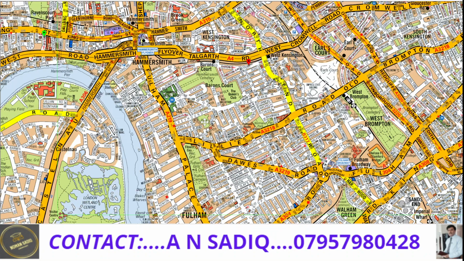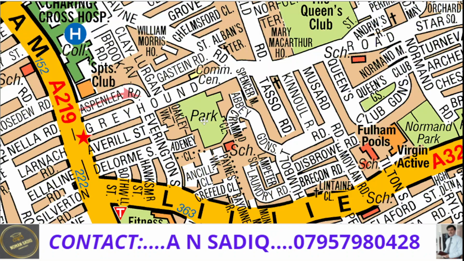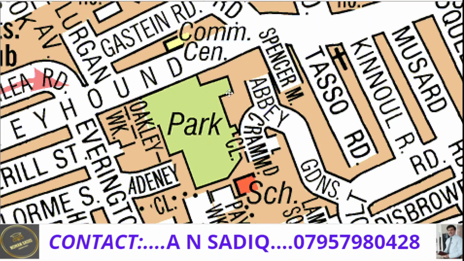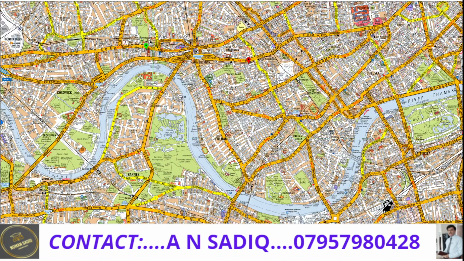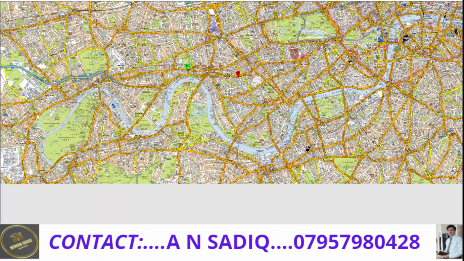Again, I am moving forward, and it is zooming in. So if you want to make the interactive map bigger, you have to move the mouse wheel forward. But if you want to make it smaller, then you have to move backward.